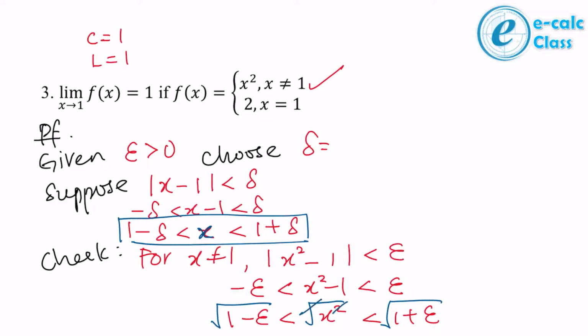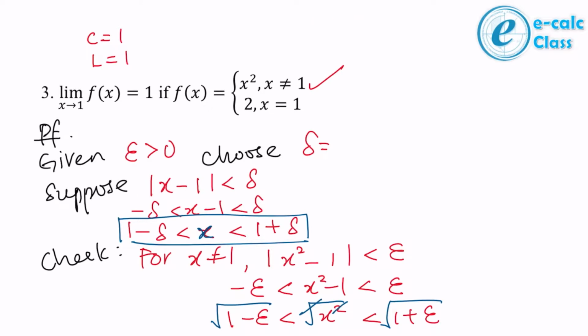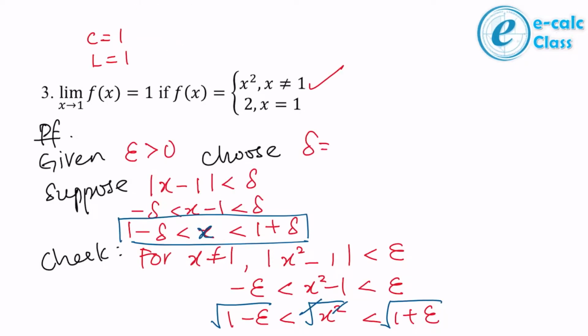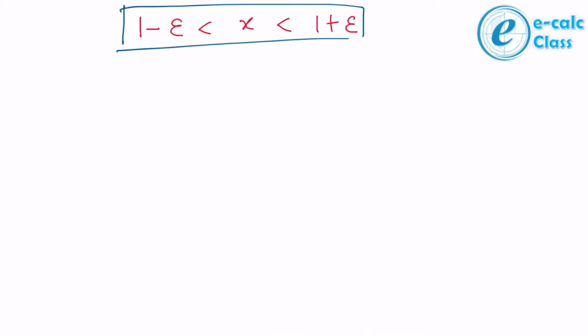So now square root and square will just cancel. Then we have 1 minus epsilon, x, then 1 plus epsilon. Am I right? And this is the one that we want to compare with. Actually need, because we don't have square root for the first one. Then this one we have a square root. You see, I keep on making careless mistakes.